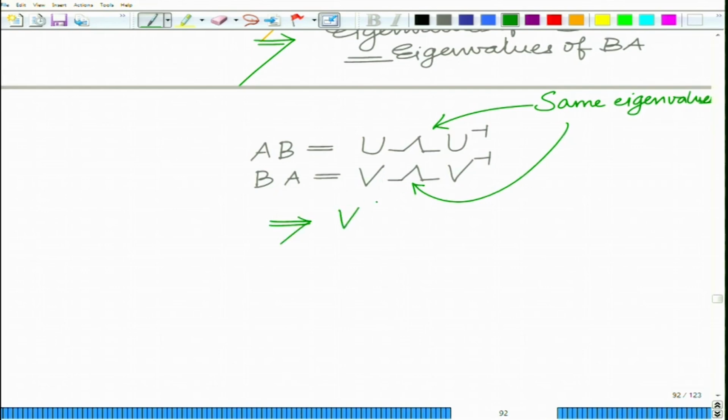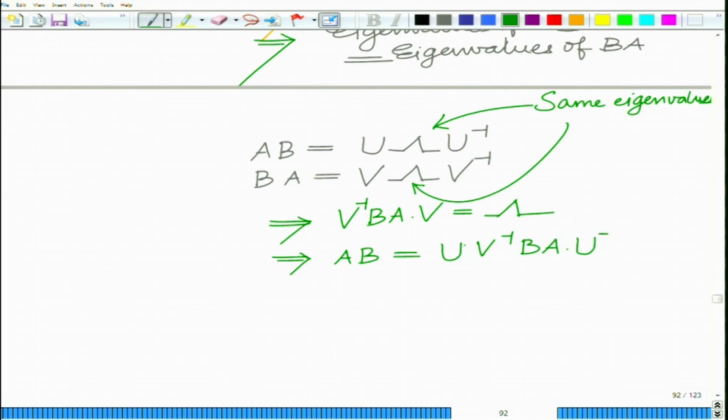So, this implies V inverse times BA into V equals lambda. Now, substitute lambda in the first one, this implies AB equals U times lambda, but lambda is V inverse BA V, into U inverse. So, AB equals U V inverse BA V U inverse, and let us call U V inverse as U tilde.